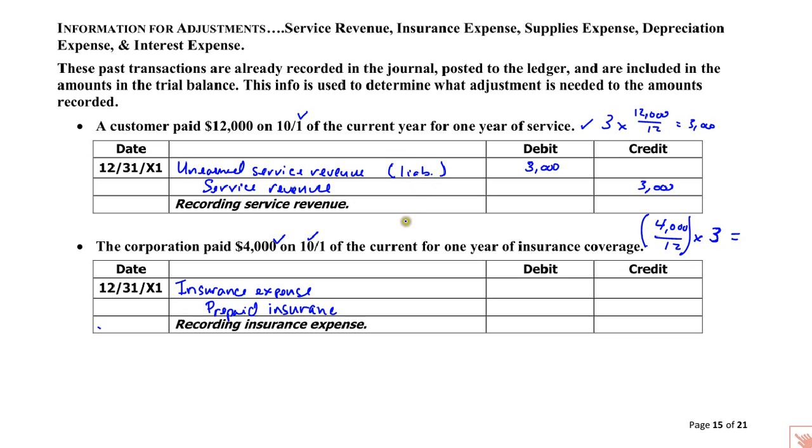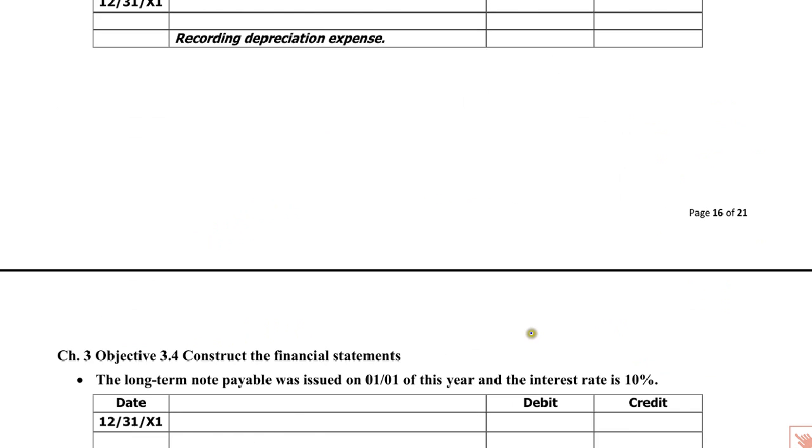So that looks like $1,000. That worked out nicely. Okay, and let's go post that one.